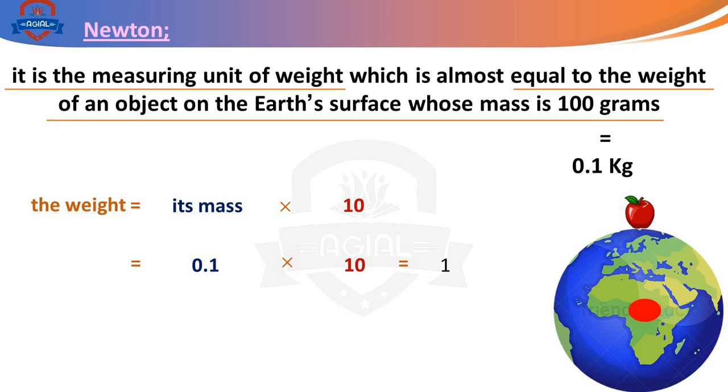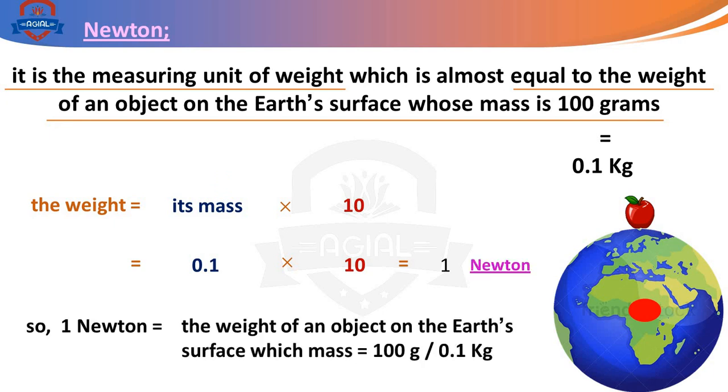So 1 Newton equals the weight of an object on the Earth's surface whose mass is 100 grams or 0.1 kilogram.